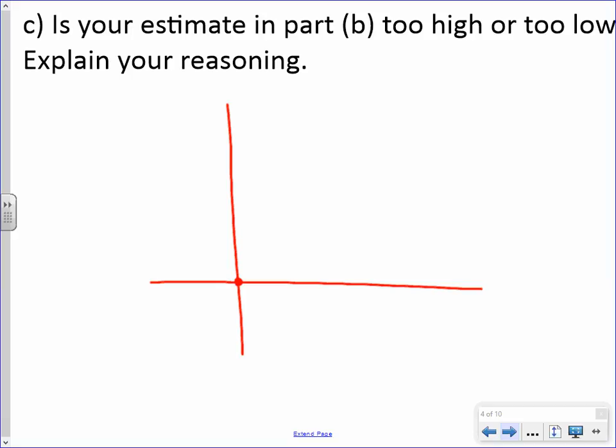Is 2.005 higher or lower than the actual value of the square root of 4.02? 1, 2, 3, go. Don't grab your calculator, just think about it. Actually, it's lower.